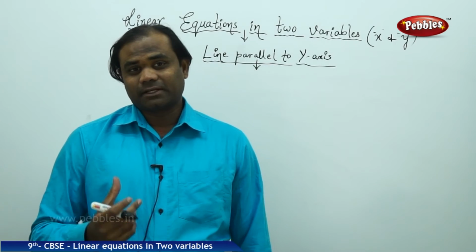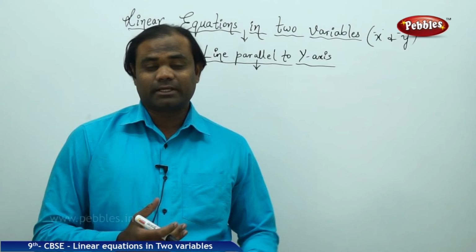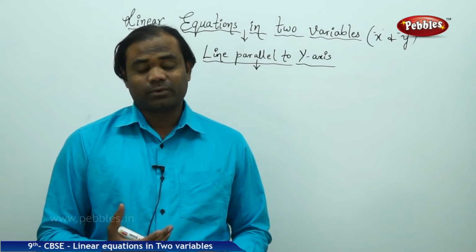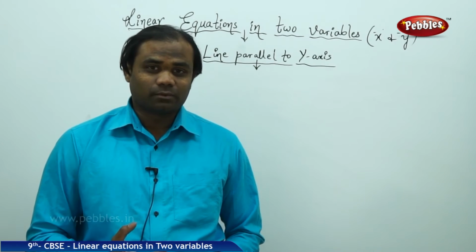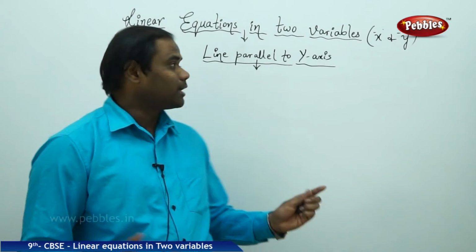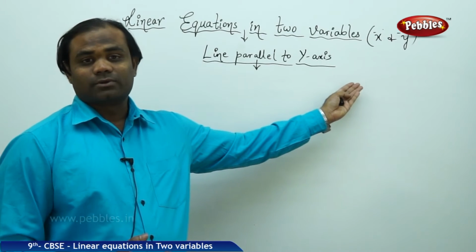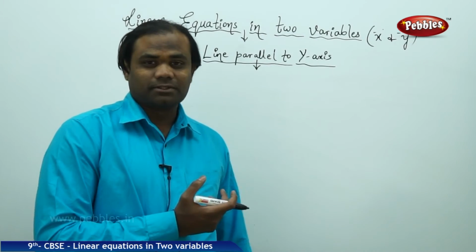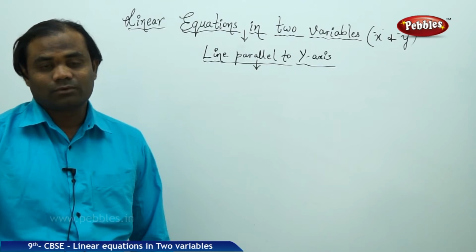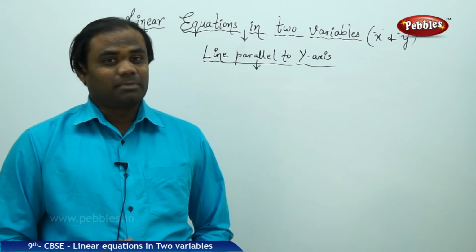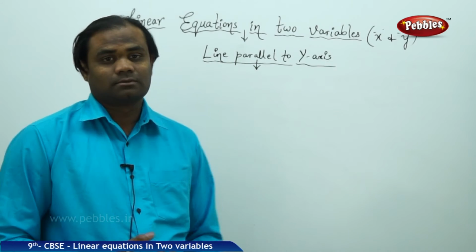Now that we have taken the condition of a line parallel to x-axis, the next question which arises is what is the situation when a line is parallel to y-axis. So today's investigation in the session is about a line parallel to y-axis. What would be the formula if the line is parallel to y-axis?